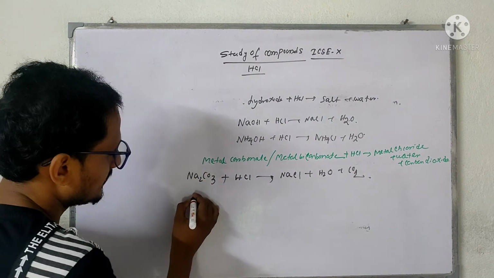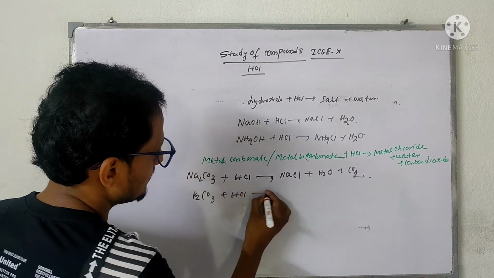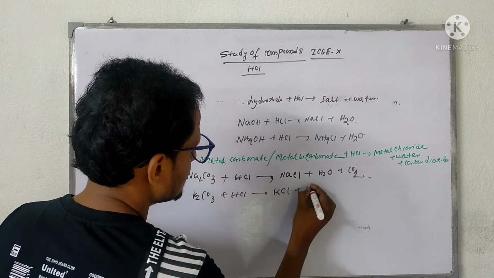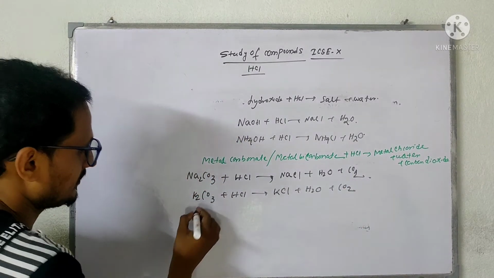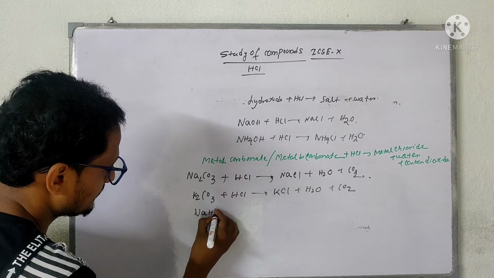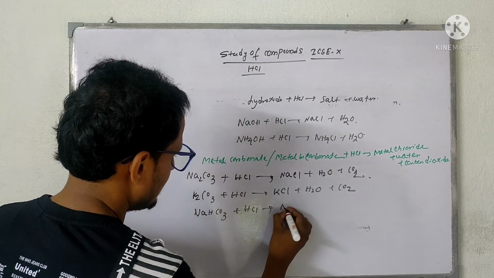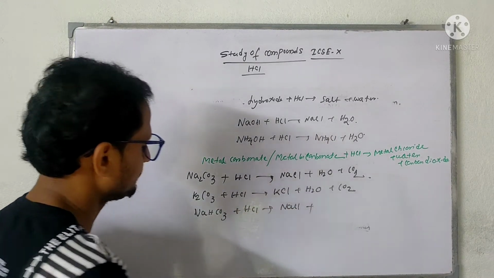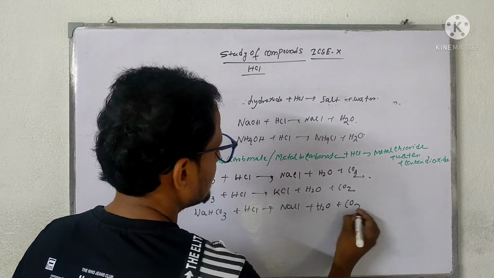Next, K2CO3 we will take plus HCl. What will form? KCl plus H2O plus CO2. Bicarbonate we will take, okay, sodium bicarbonate plus HCl. What will form? It will form NaCl plus H2O plus CO2. Now what is the difference? You have to do the balance.